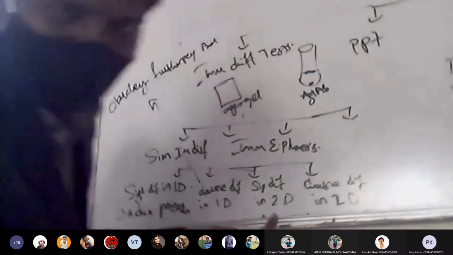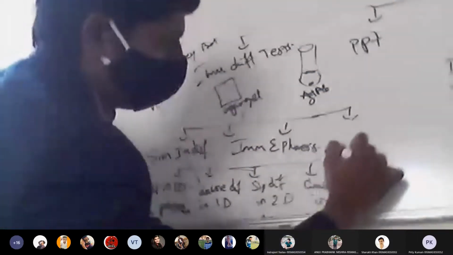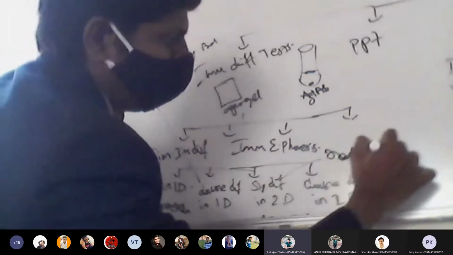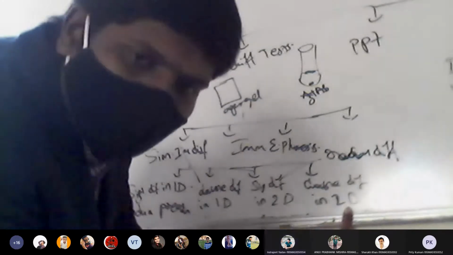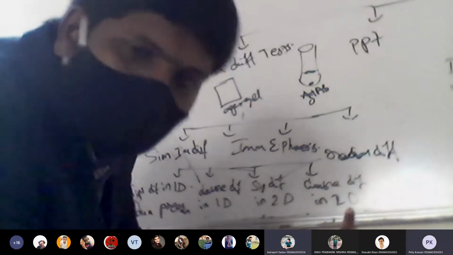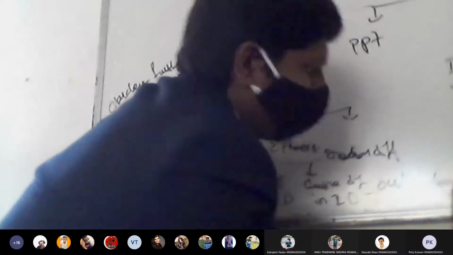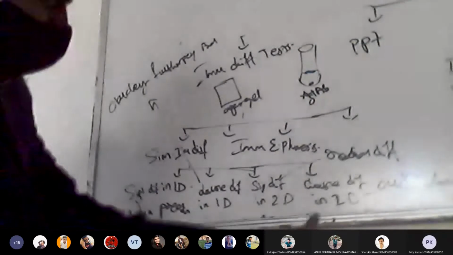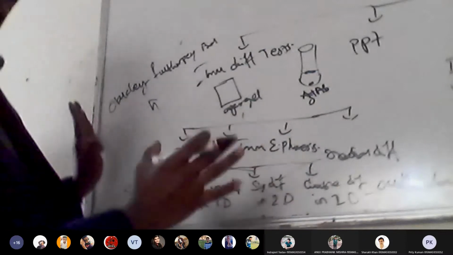Then single diffusion in two dimensions is called the radial diffusion test. Then double diffusion in two dimensions is called the Ouchterlony procedure. Then what type of test we will do in individual test we already discussed. You can go through my previous lecture. So this is all about the immunodiffusion tests.